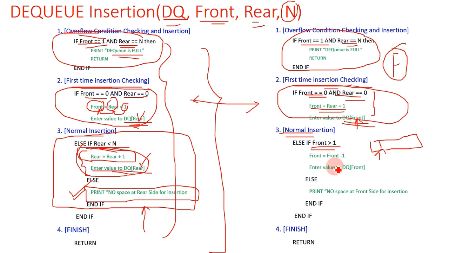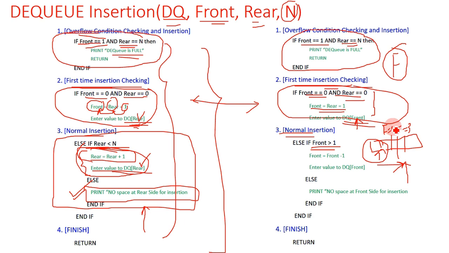If you want to insert a value and there is no value at the earlier location, say front is at the second or third location, for example front is equal to 3, and you want to do insertion from the front side, you have to decrement front by 1.